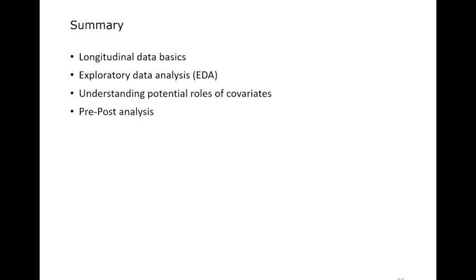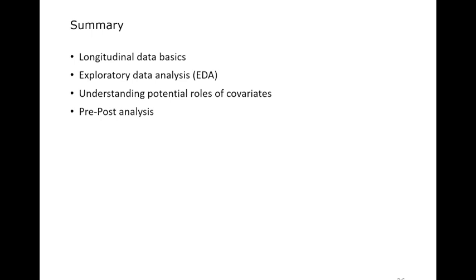We also talked about the different roles of covariates. In particular, we focus on confounder, mediator, and moderator. In a cross-sectional study, the roles of these variables are hard to differentiate. But in a longitudinal study, you are able to do a better job of differentiating these roles.